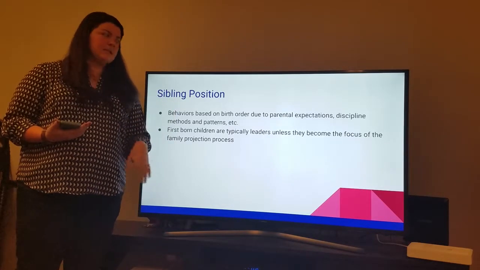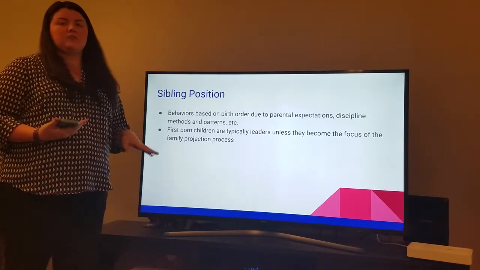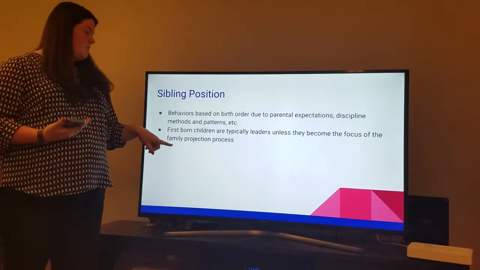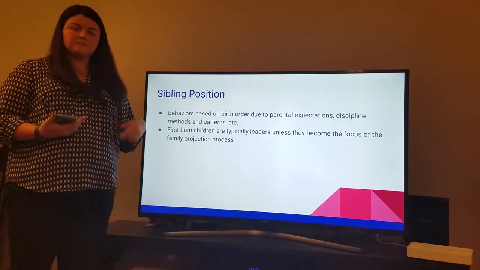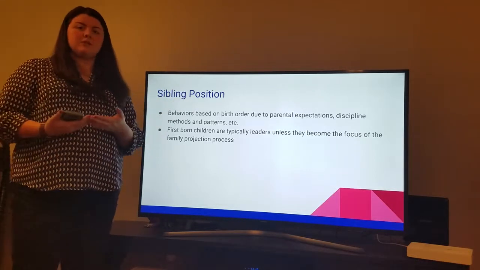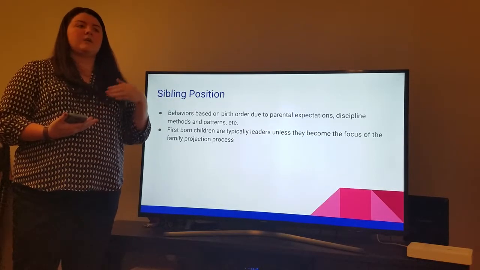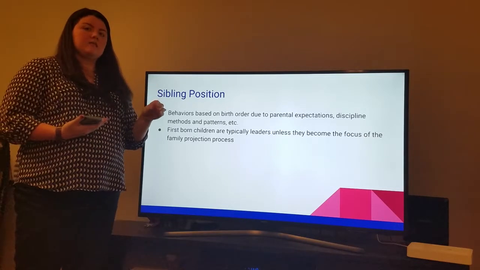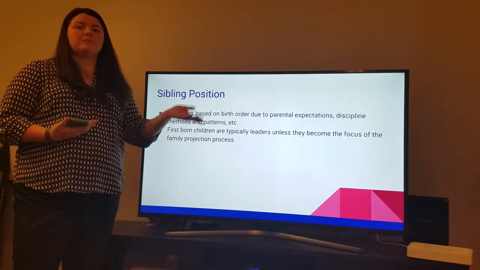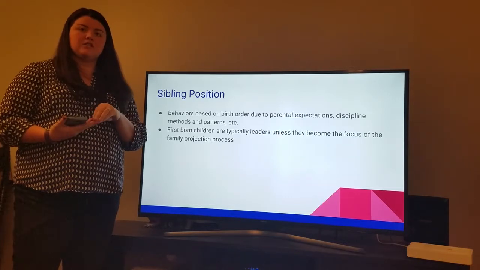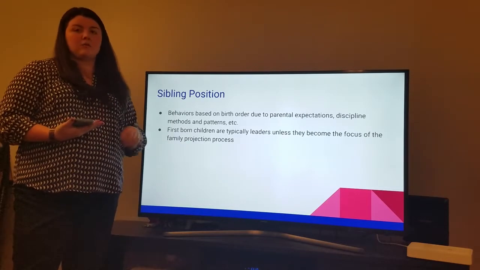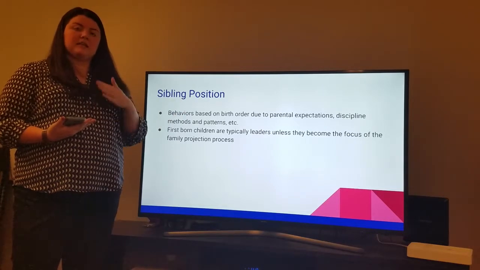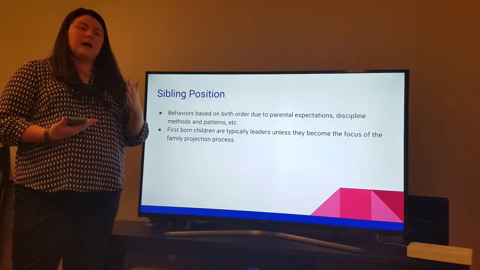anybody can supersede their birth order if they're affected by the family projection process. If there's a lot of substance use in the family, or a lot of tension in the parents' marriage, then these firstborns become the object of that tension and anxiety, and they are no longer able to become those natural-born leaders because they're taking on the anxiety and tension of the marriage.